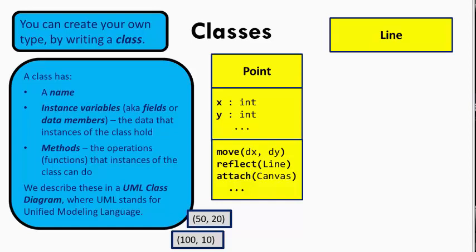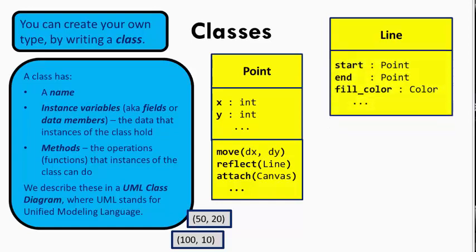As another example, consider the line class. What would you expect it to have as its instance variables? Pause for a moment to decide. Surely the line should have 2 points for the 2 endpoints of the line.